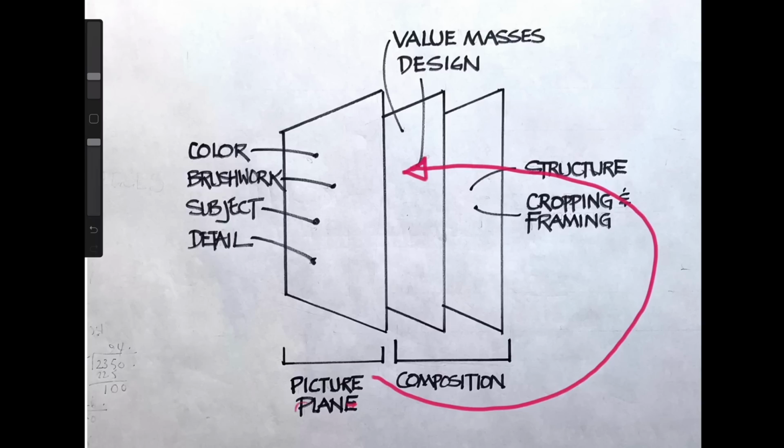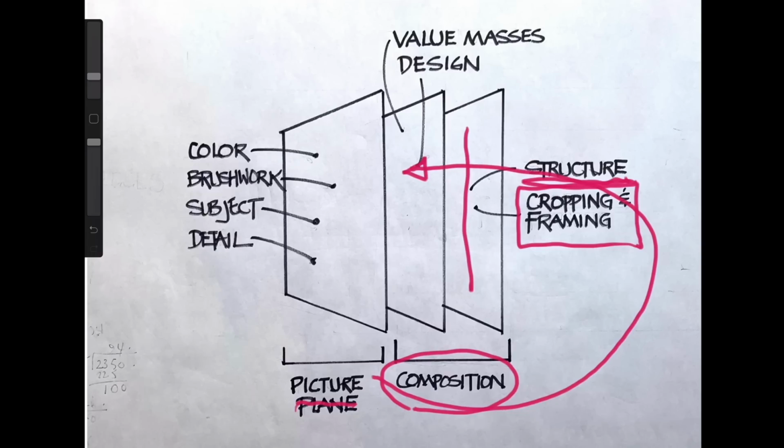That rather than thinking of your picture, you first think about the composition. What in the world you are looking at in terms of cropping and framing, the structure you find there, and then that's on this plane, and then how that structure interacts with the value masses, the design of the value masses, how it engages here. And then you'll find that what happens here starts to sort of take care of itself.